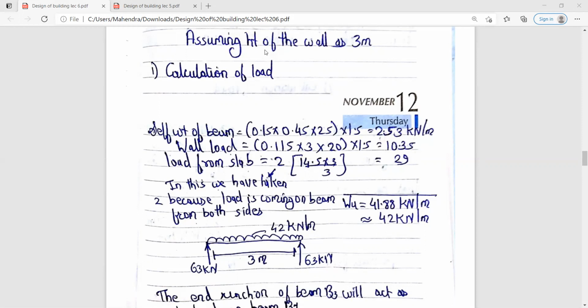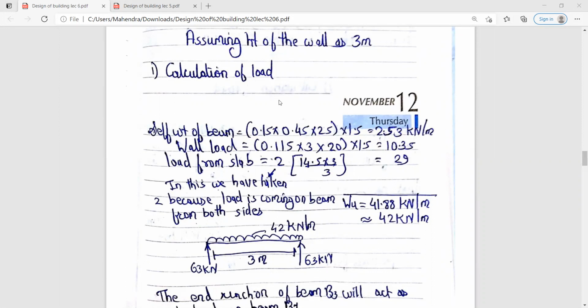See your diagram, in the diagram you can easily see, all of you have the PDF with you. See the plan. In the plan, the load is coming from both sides on the beam. Therefore we multiplied by 2. So the load from the slab you get is 29. So your total load is 41.88 kilonewton per meter.